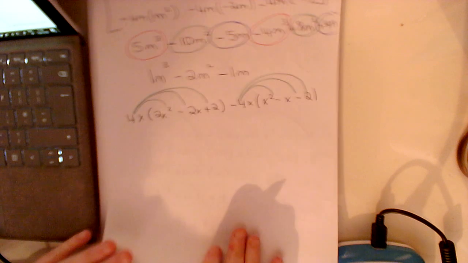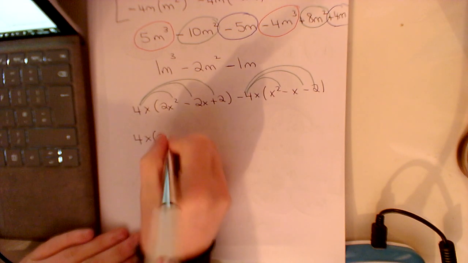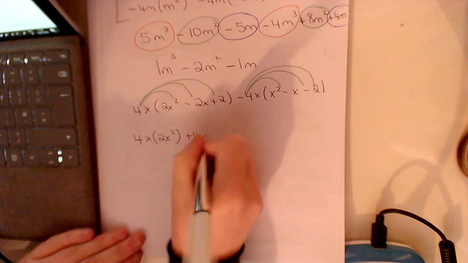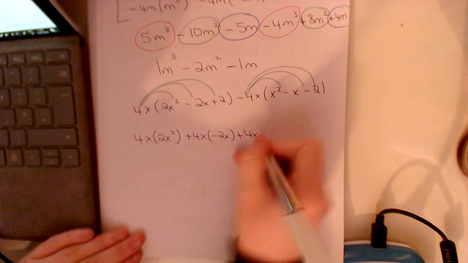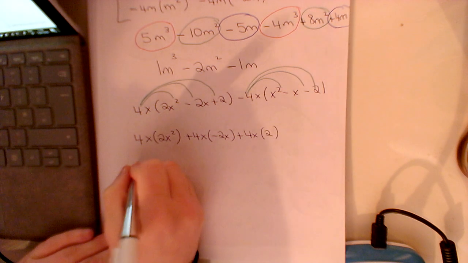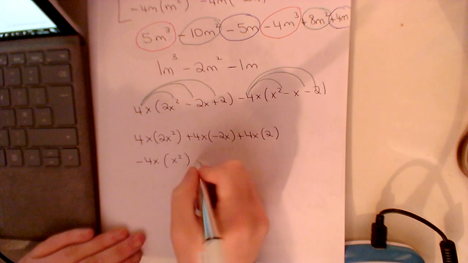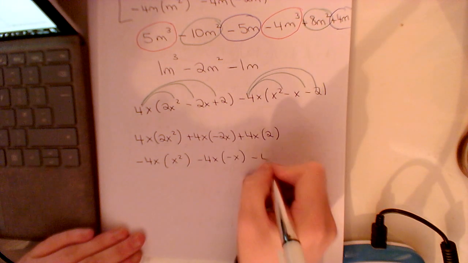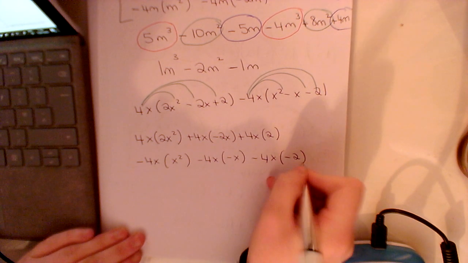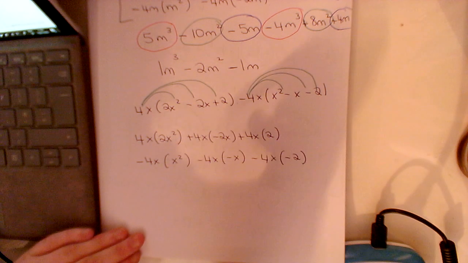So I have 4x(2x²) plus 4x(−2x) plus 4x(2), minus 4x(x²) minus 4x(−x) minus 4x(−2). So be careful, that minus needs to be multiplied the whole way across also. Right, now I need to multiply these out.